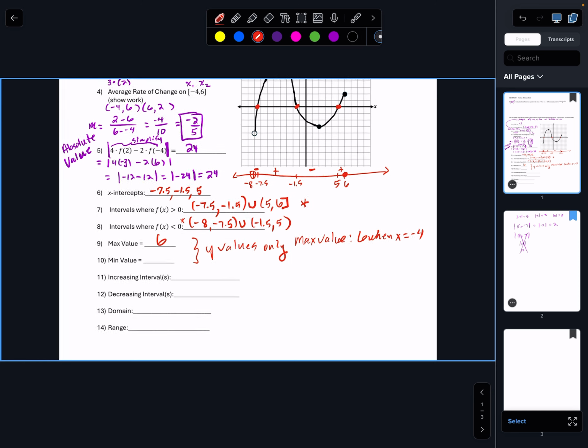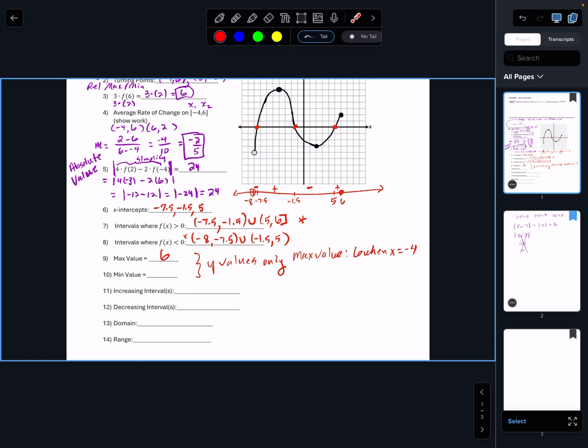Min value. So as I am tracing this function, going down, down, down, it's approaching this value of -4. So if we think of how far it's going down, this is going to its lowest point, because over here it only goes to -3.